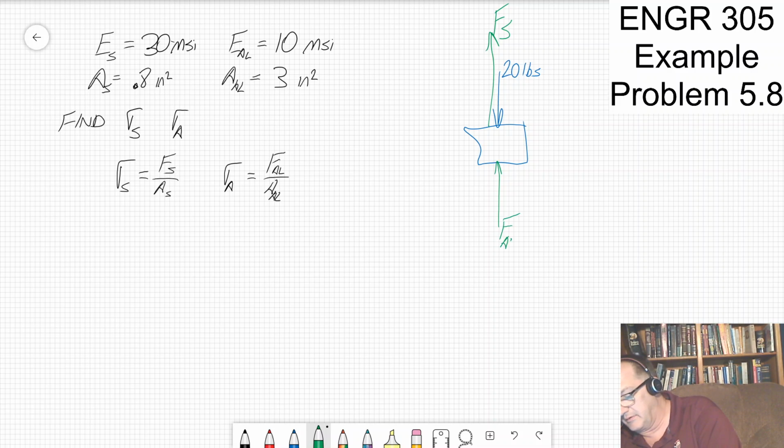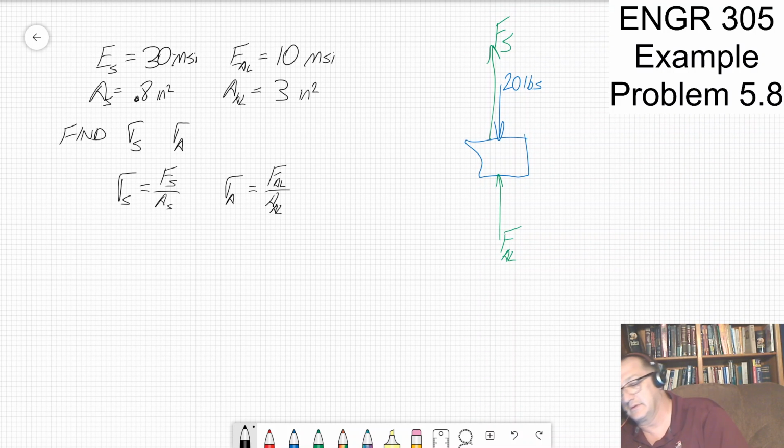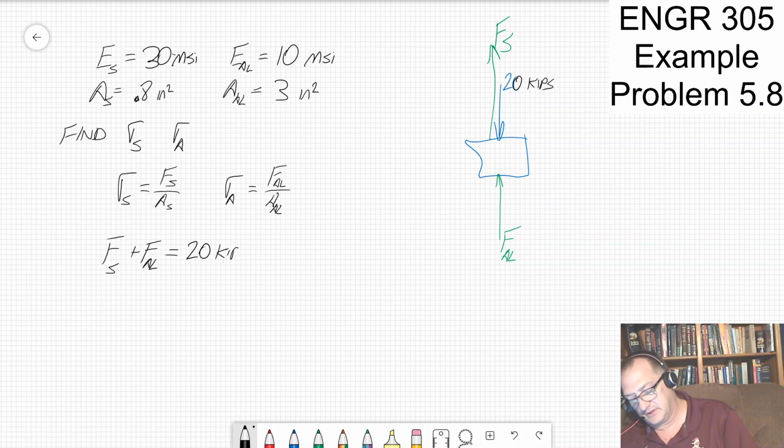So I get that equation out of this: if I did the sum of the forces equal to 0, it would be the force in the steel plus the force in the aluminum minus 20,000 pounds, 20 kips. I'll rewrite that: the force in the steel plus the force in the aluminum is equal to 20 kips.